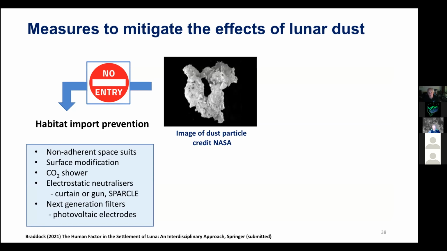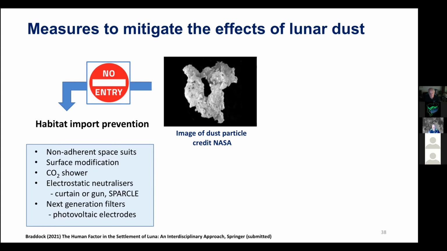So if we want to stop it entering the habitat in the first place, there are a number of ways of doing that. Certainly much helped by technology that wasn't available in the 1960s and 1970s. So the development of non-adherent spacesuits is one possible solution. Modification of surfaces that neutralize the charge is another one. Possibility of having a carbon dioxide shower or electrostatic neutralizers, which could either be a curtain or a gun.